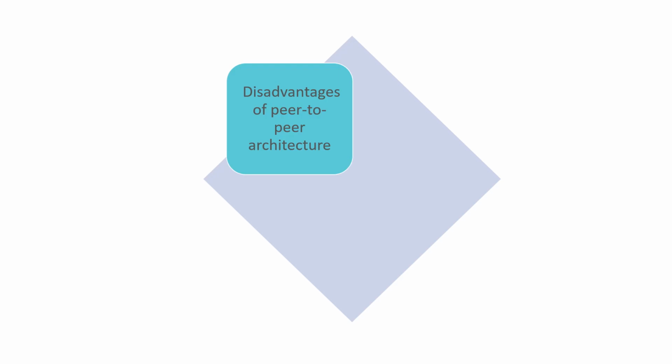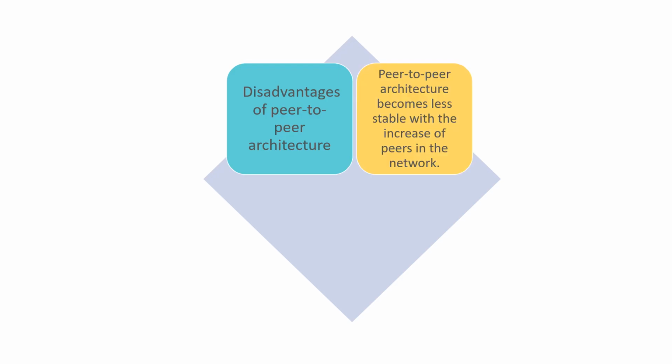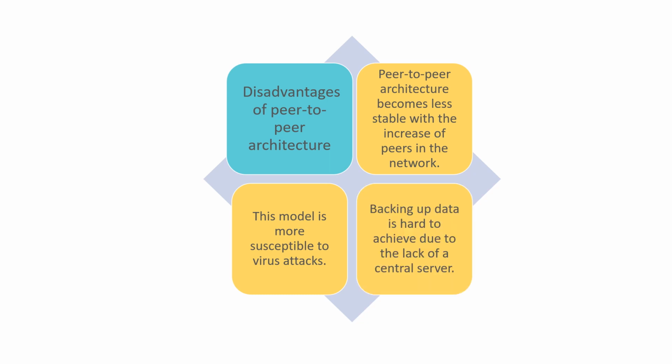Then we can see the disadvantages of this peer-to-peer architecture. It becomes less stable with the increase of peers, that is, the increase of devices in the network, and this model is more susceptible to virus attacks.